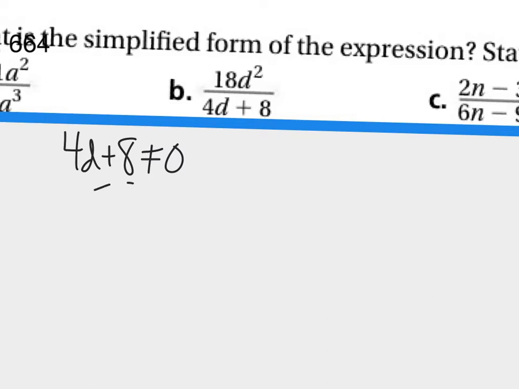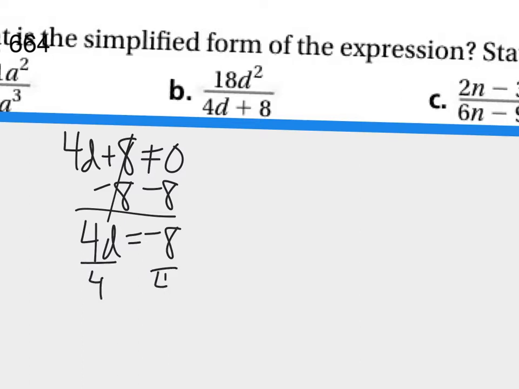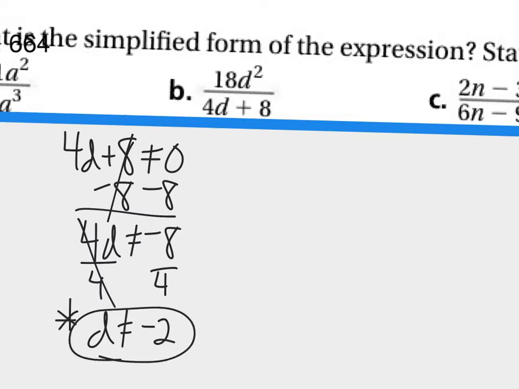To solve this, we would subtract 8 and divide by 4, and that tells us d cannot equal -2. That's the thing we've got to watch for, remembering to put not equal as we go through that. So that's our excluded value, and now we're going to try to simplify this.